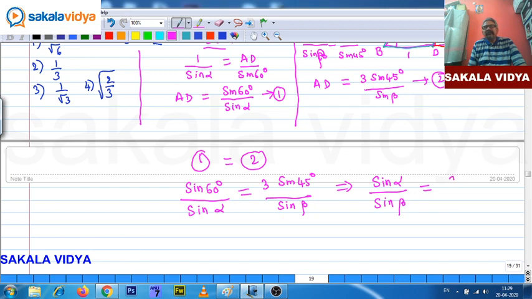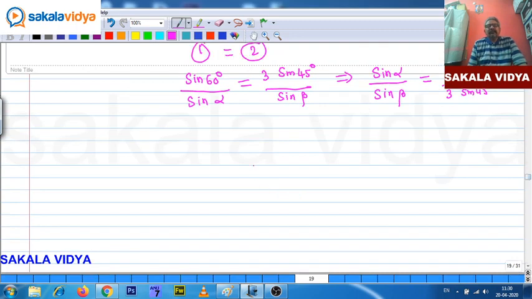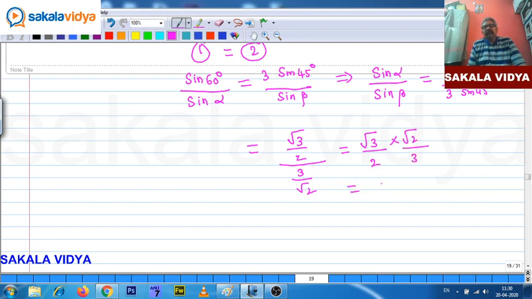We get sin alpha by sin beta equal to sin 60 degrees by 3 sin 45 degrees, that is the required one. So we just need to simplify. This equals root 3 by 2 upon 3 by root 2, so root 3 by 2 into root 2 by 3.